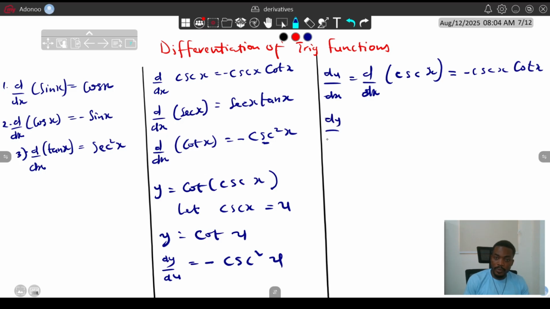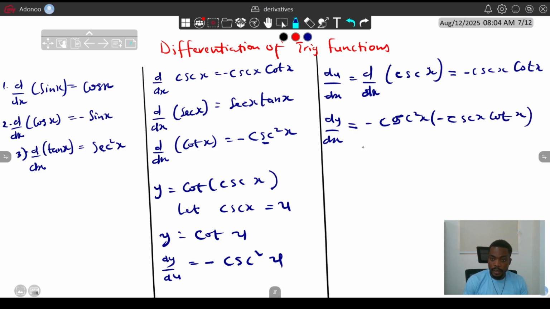So at the end of the day, you need to put the two of them together to say that dy/dx is equal to minus cosec squared x times minus cosec x cot x.